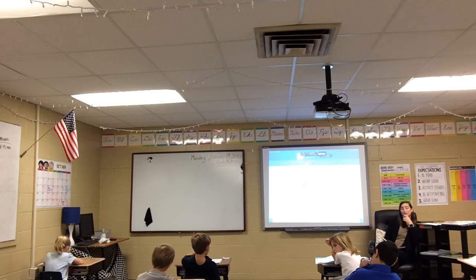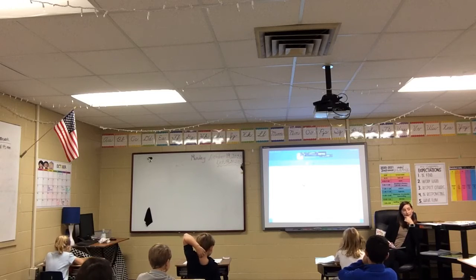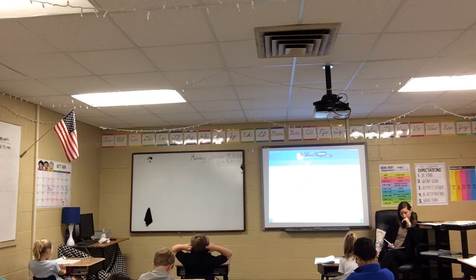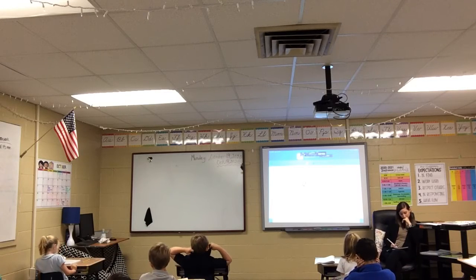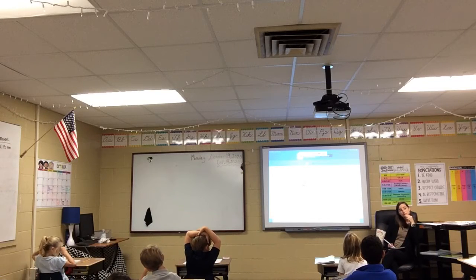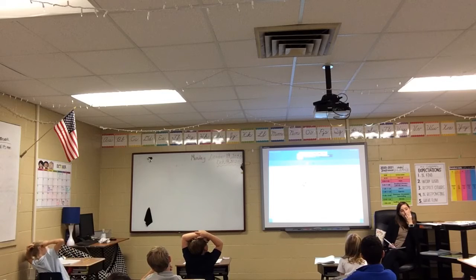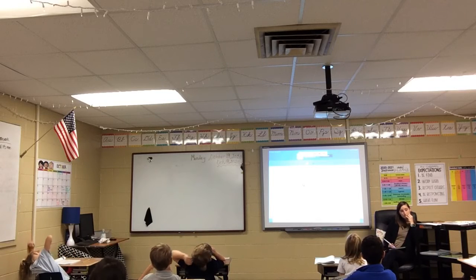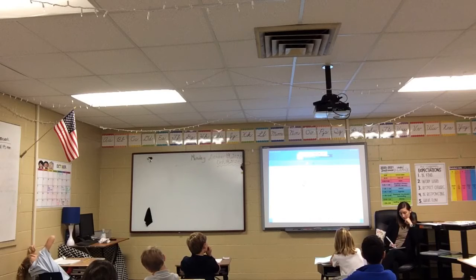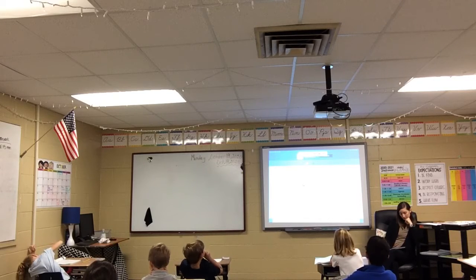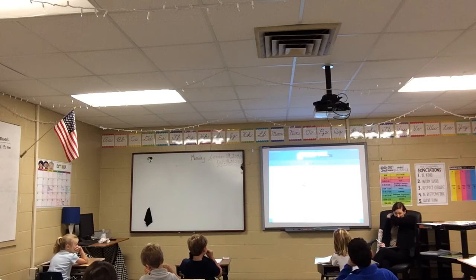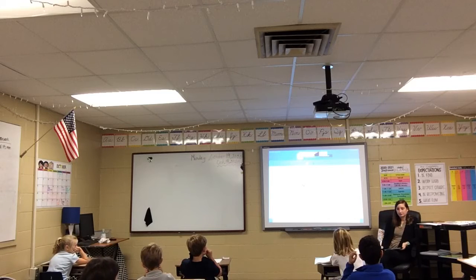You want some help? All right, Brock, help her out. How did we figure that out? We figured it out because it says it's greater than 70 but less than 80, and it has the same number in the tens and the ones, and it could only be 77 because that's the only number that is below 80 but greater than 70 and has the same numbers in the tens and the ones place.